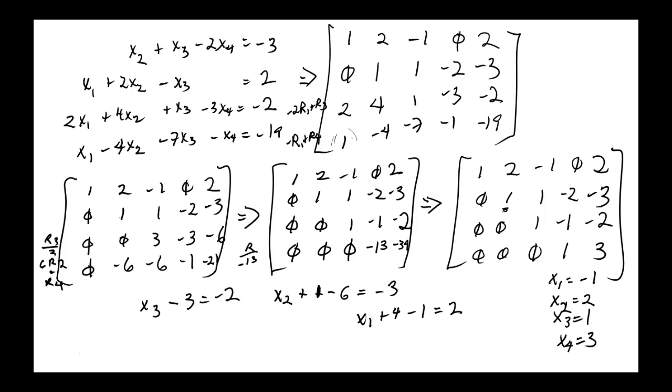Negative 2 plus 8 would be 6, plus 1 is 7, minus 9, negative 2. Yes, that's right. This one's going to be a little bit of a pain. Negative 1 minus 8, that would be negative 9, minus 7, minus 16, minus 3 is minus 19. Yes.